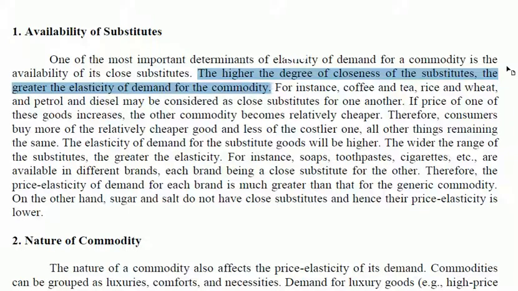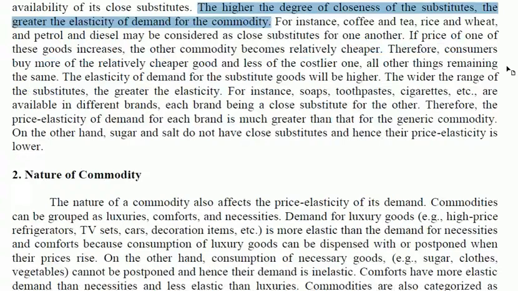But coffee and tea are not very similar, so elasticity will be low. For petrol versus diesel, if you don't have petrol, you cannot put diesel, so the elasticity will not be very high. The closeness of the substitute determines the level of elasticity of demand.